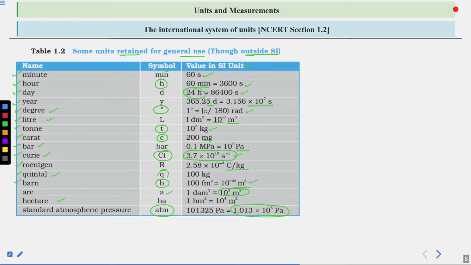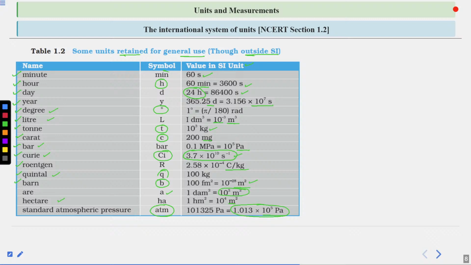We will use degree for measuring angle. 1 degree is equal to pi divided by 180 radian. Suppose we have 90 degree. So 90 degree is equal to how much radian? To convert degree to radian, the formula is 1 degree is equal to pi divided by 180 radian.